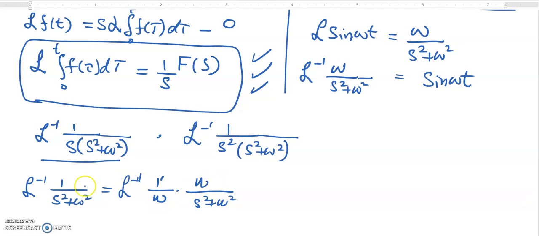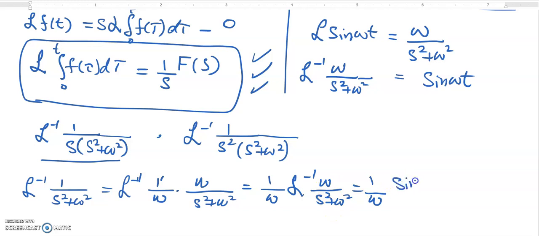Okay, so 1 over omega we can take out, and then this will be Laplace inverse of omega over s square plus omega square. So 1 over omega, and then Laplace inverse of omega over s square plus omega square is equal to sine of omega t, as I have just told over here. So therefore Laplace inverse of 1 over s square plus omega square is equal to 1 over omega sine omega t.